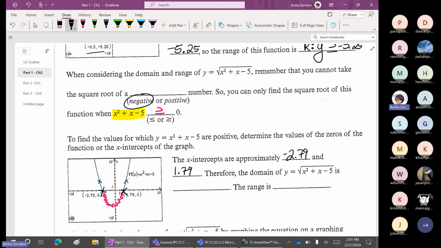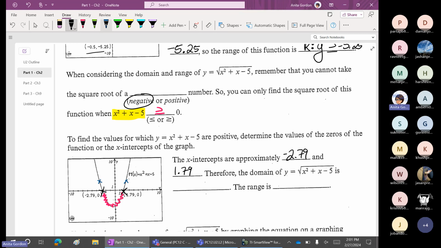Now, because I'm not using the bottom half of this graph, what I essentially have is two pieces. One of the pieces is going up and to the right, and the other piece is going up and to the left. So because I have two pieces, I'm going to have two radicals, one going in either direction.